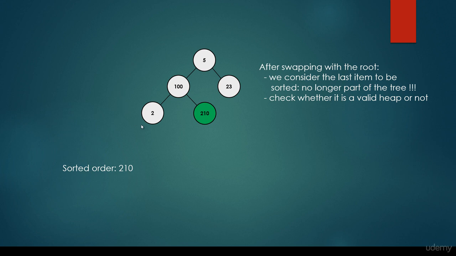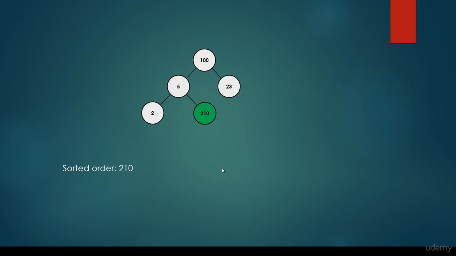Plus, it's very important that we check whether it is a valid heap. It is not a valid heap because in a maximum heap, the greatest item should be in the root, and the greatest item is here. So we have to swap these two items. But in this case, it's going to be a valid heap. We don't have to bother about this already sorted item.